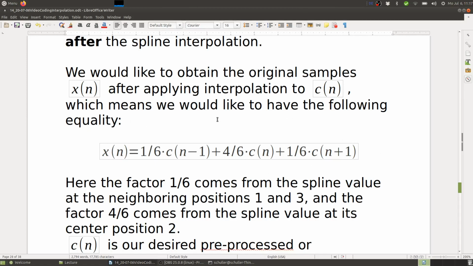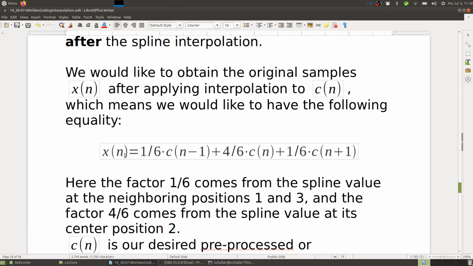We would like to have the following equality. Here you can see our pixels on the integer grid coming from our compensated image. And these factors come from our spline interpolation, and they give us this new interpolated value, but on the integer pixel grid, right?